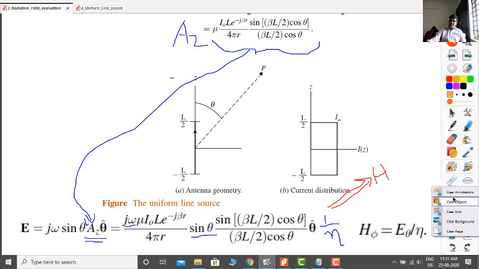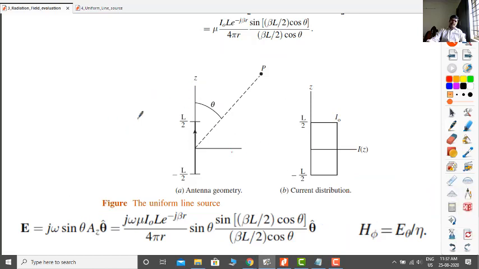If you put the spherical coordinates here, so that the line source is enclosed, then the spherical coordinates will be like this. This will be our spherical coordinates.